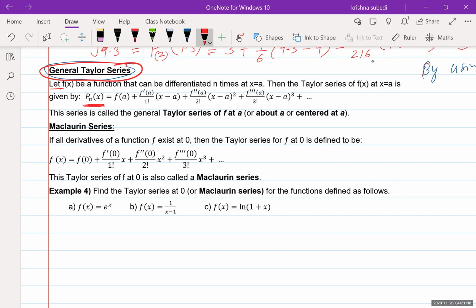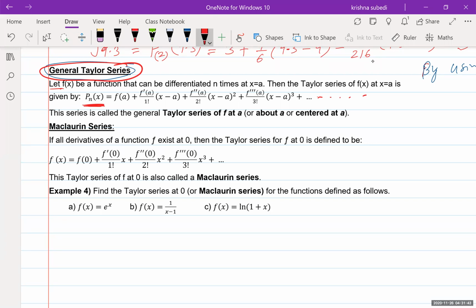But remember, earlier what we did is we stopped there, f^(n)(a) over n factorial times (x minus a) to the power n. So we stop there for a polynomial of degree n. But when I say series, then it's an infinite series, and you don't write that term. It just goes up to infinity, okay?